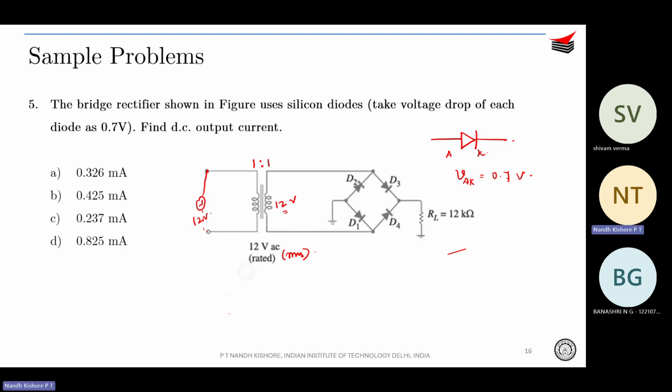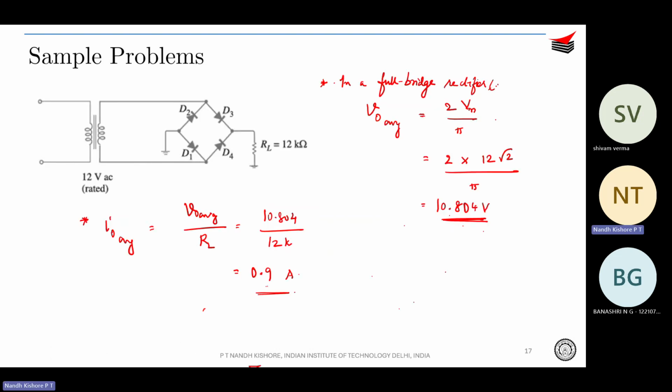See, in an ideal full bridge rectifier, the output voltage is 2 Vm by pi. If you say ideal full bridge rectifier, it means that the diodes do not have any drop. In that case, you get output voltage 10.804, and divided by 12K, you will be getting 0.9.